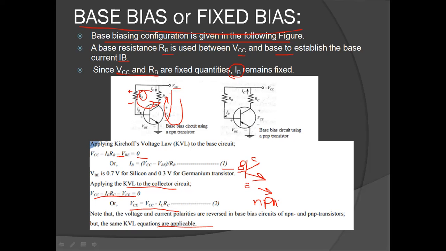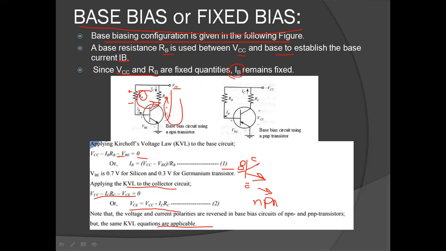As the name indicates, not pointing in. To remember, you can remember like this: not pointing, that means the arrow is not pointing towards the base. Whereas this is the PNP transistor, which is pointing in.